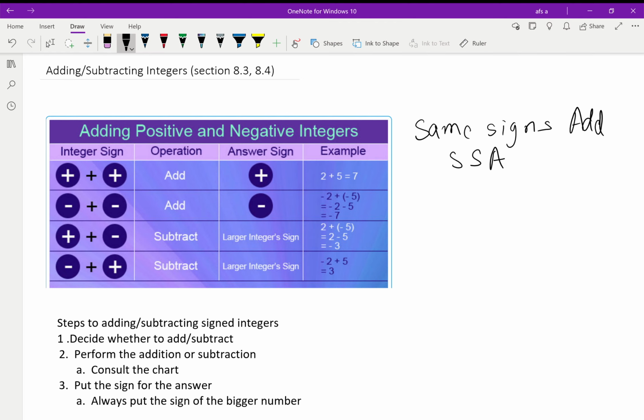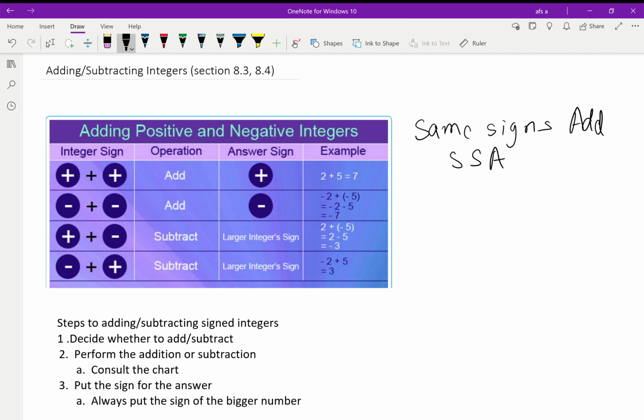The second part is when you're adding or subtracting, however you want to think of it, two opposite signs. So if I'm adding a positive number with a negative number, they're opposite. You technically subtract the absolute values of your numbers. And then for the final answer, you stick the sign of the number whose absolute value is larger.